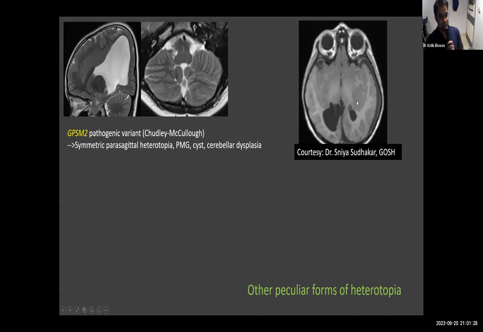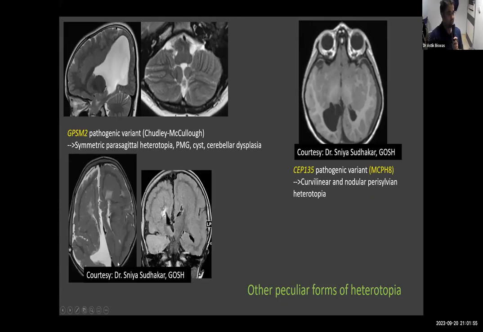This is courtesy of my friend and colleague, Dr. Sneha Ghosh, and we saw an example of this before with microcephaly and this predominantly nodular subcortical heterotopia involving the perisylvian regions in this case, which was a CEP135 variant.